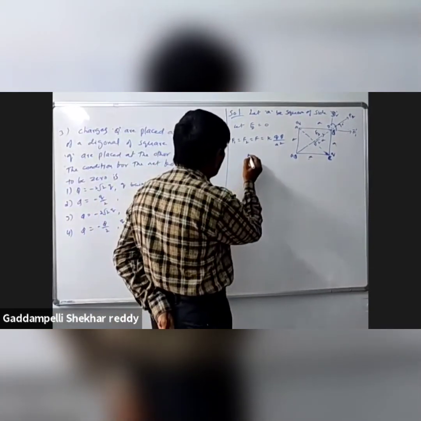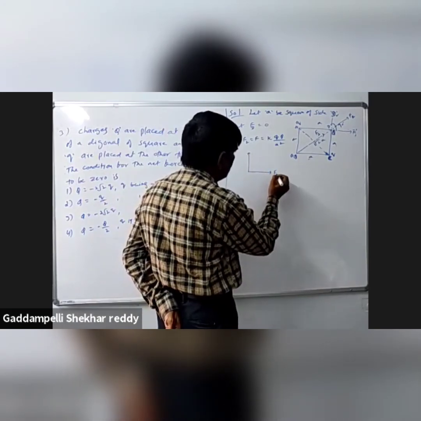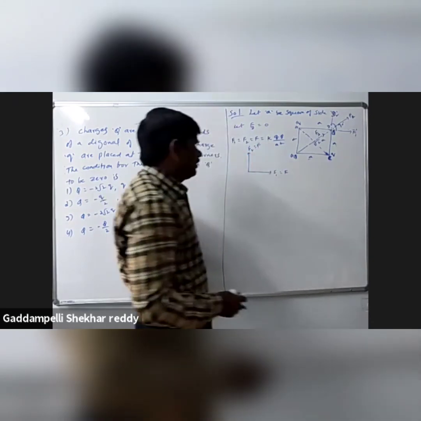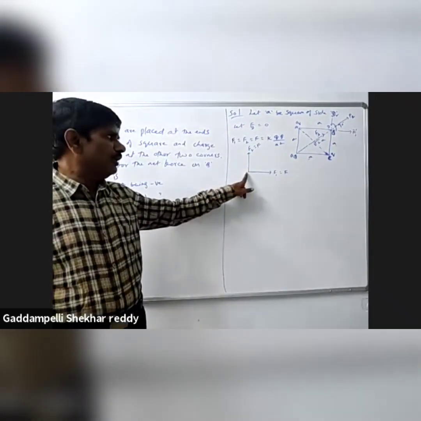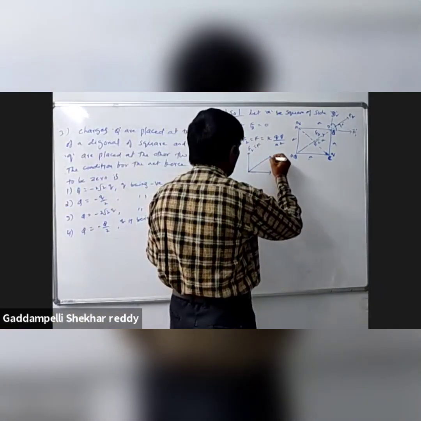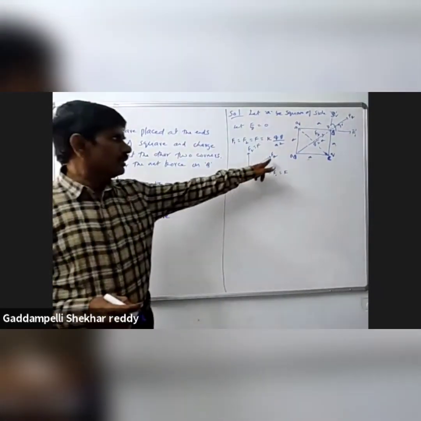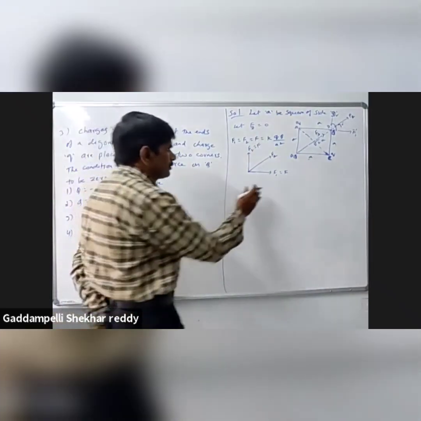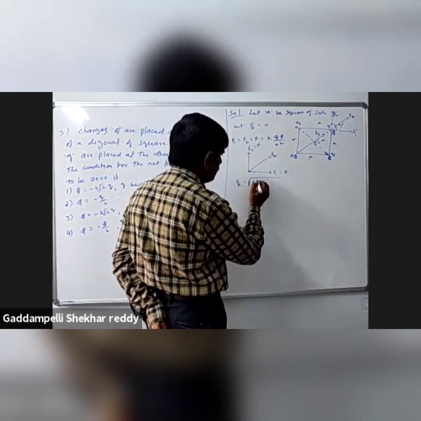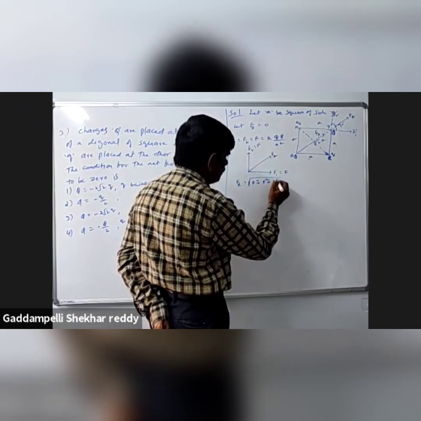Now, according to the parallelogram law of vectors, here F1 is F and F2 is F. We know that two vectors acting at the same point as adjacent sides, the diagonal gives the resultant in magnitude and direction. Here F4 is equal to under root of F1 square plus F2 square plus 2 F1 F2 cos theta.